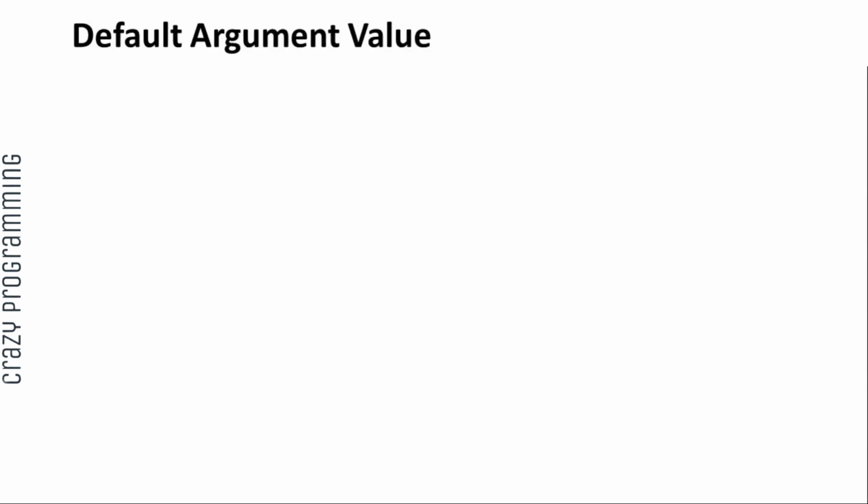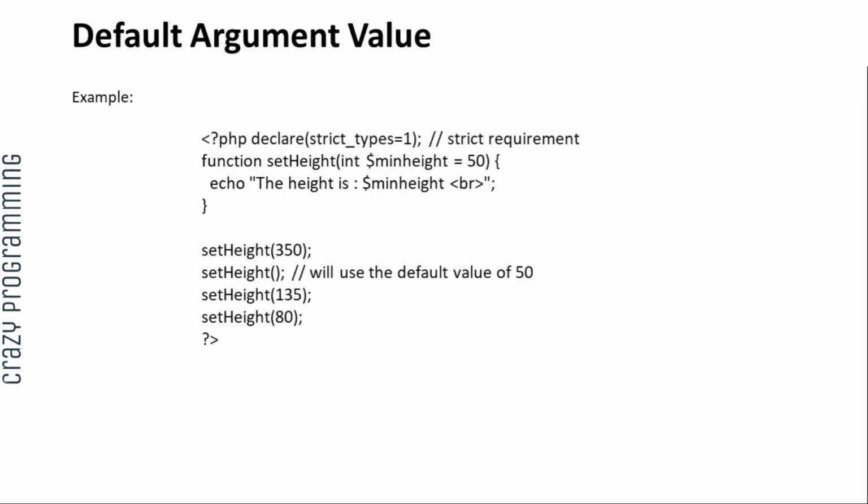Let's go with the next one, default argument value. This is an example of default argument value, so let's understand it.